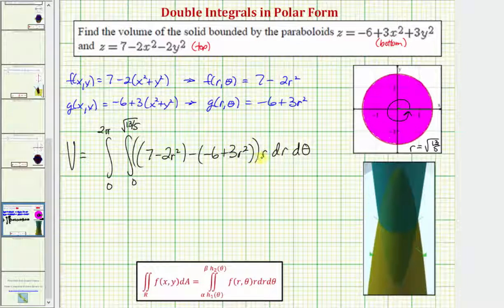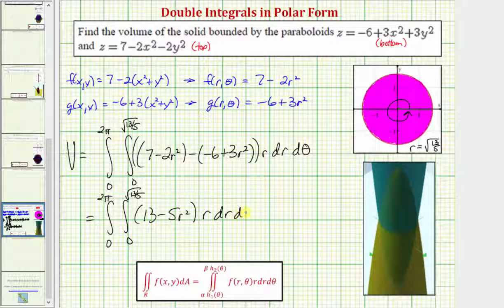Let's go ahead and simplify the integrand function. We're going to have 7 minus negative 6, that's 13. And then negative 2r squared minus 3r squared, that's going to be minus 5r squared. And then we still have r d theta. Now let's distribute here and write this as 13r minus 5r cubed.